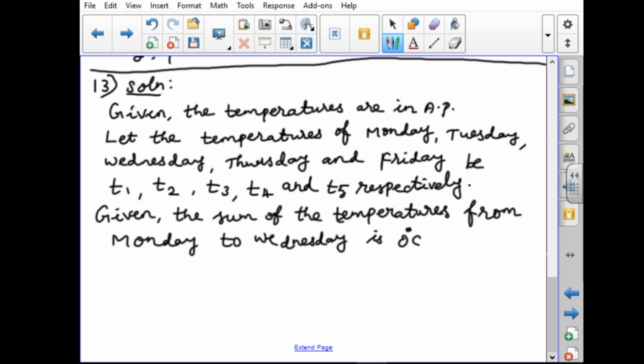0 degree C. Monday to Wednesday, that is, we have to assume Monday is T1, Tuesday is T2, and Wednesday is T3.